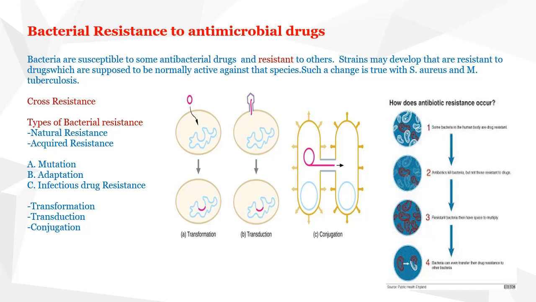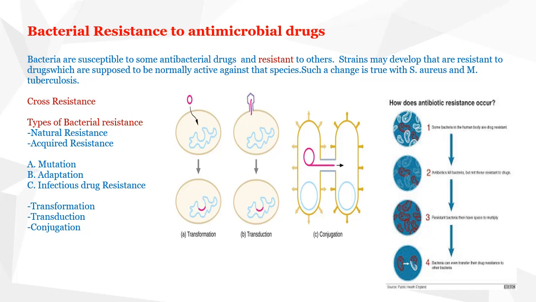One is transformation, which involves incorporation into a sensitive bacterium of free genes from a drug resistant cell, as shown in the diagram. Or it can take place through transduction, which refers to transfer of the resistant factor, also called the R factor, carrying the plasmid by the bacterial virus vector along with its own genes, that is a bacteriophage.